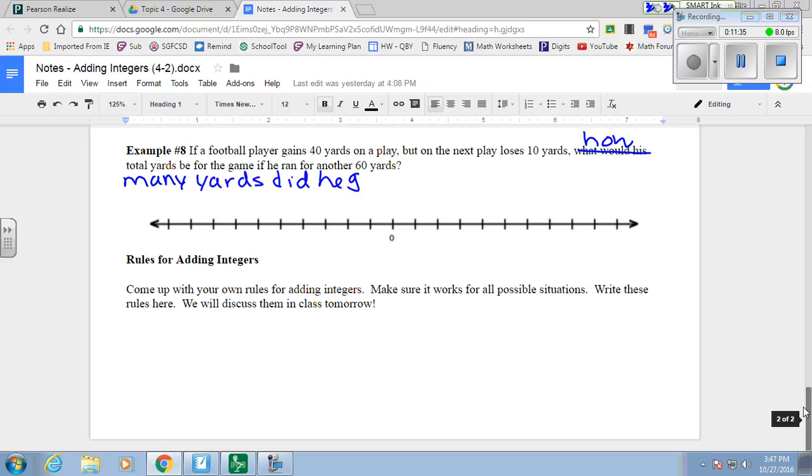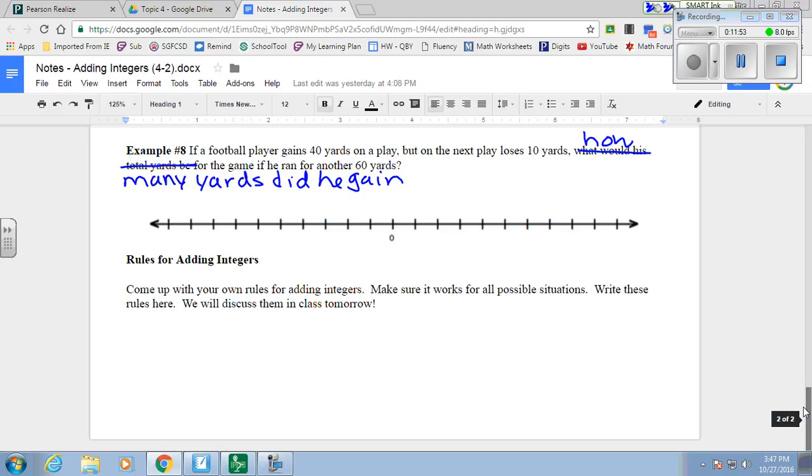And I discussed this with your peers to make sure that we're on the right path here. So if a football player gains 40 yards on a play, but on the next play loses 10 yards, how many yards did he gain for the game if he ran for another 60 yards?